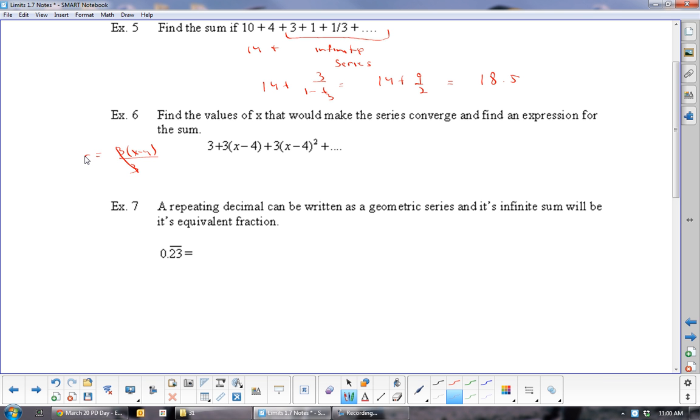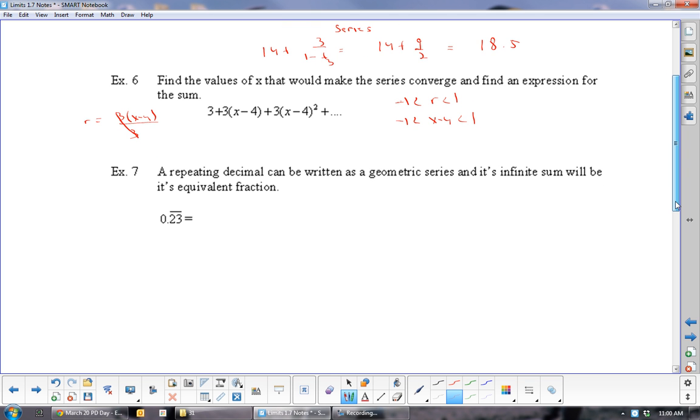We know that r has to be less than 1 and greater than -1. So with that known, I should be able to say this statement. Now you have two options how you can do this one.